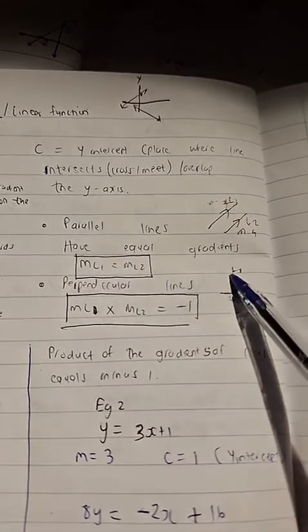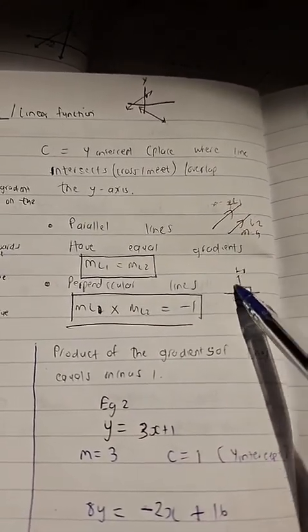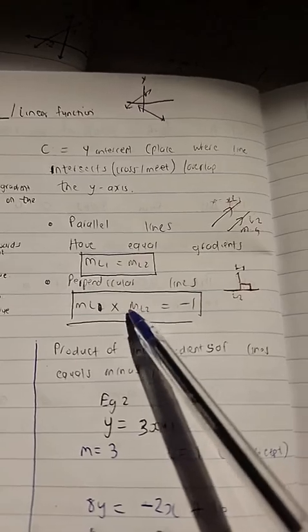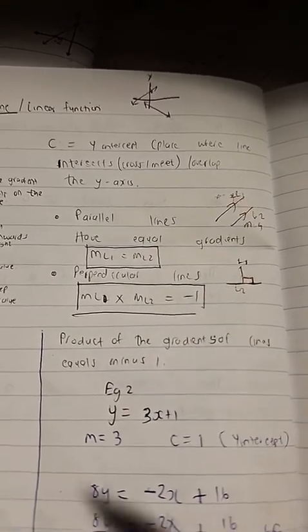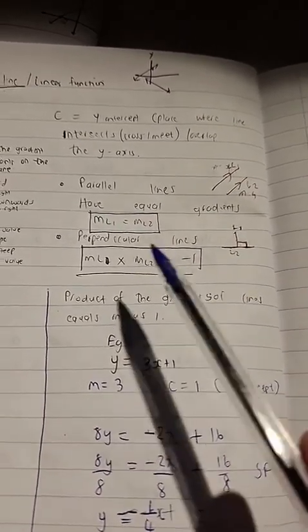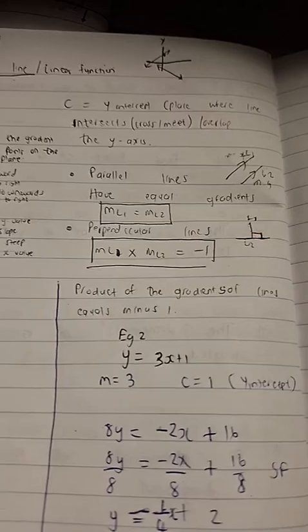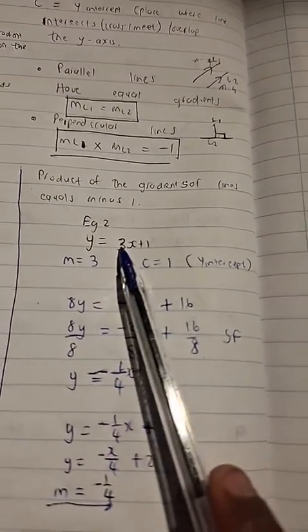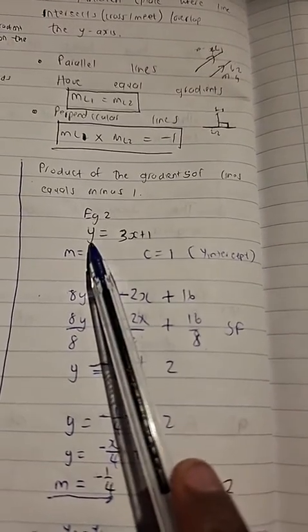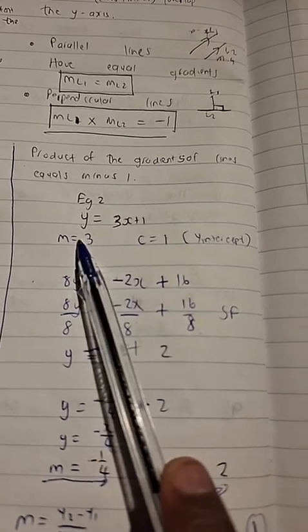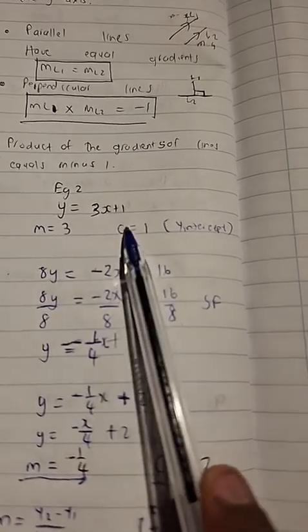But if the lines are perpendicular, in other words, they meet at right angle, 90 degrees, then we know that the product of the gradients will give us -1. Okay? For perpendicular lines, the product of the gradients equals -1. We then looked at how to identify the gradient when the equation is in standard form. So this is in standard form, the straight line function, m is the gradient, so m is equal to 3.